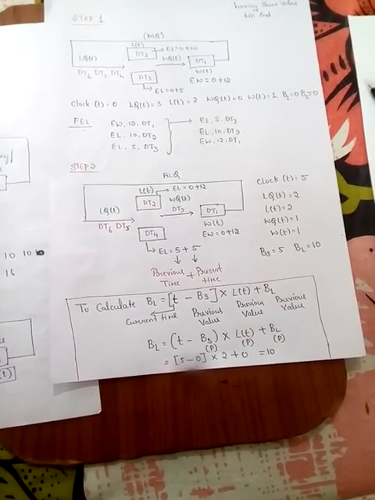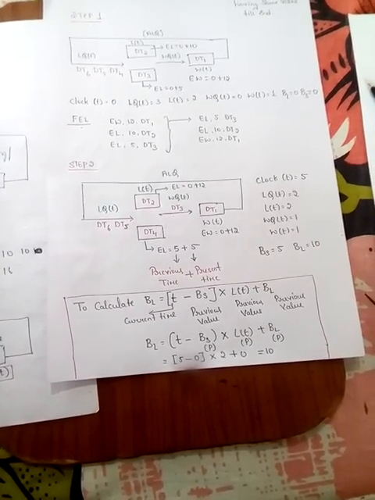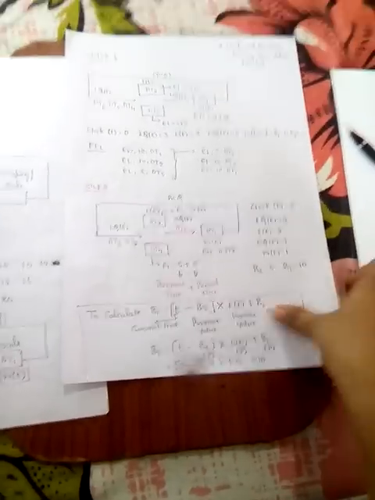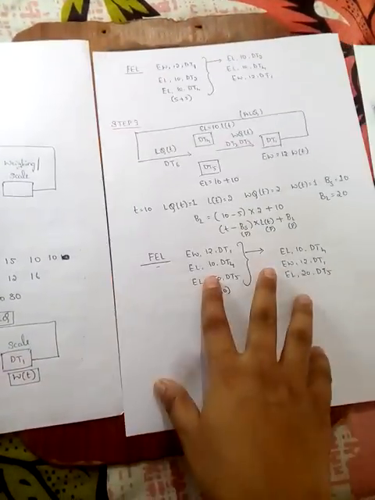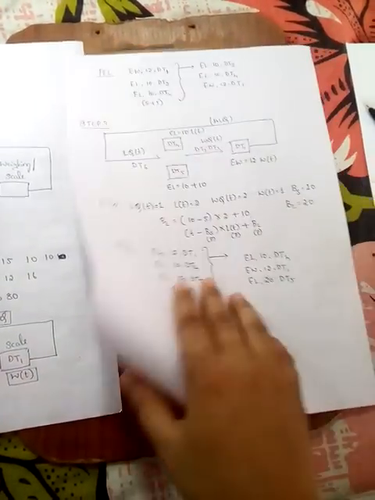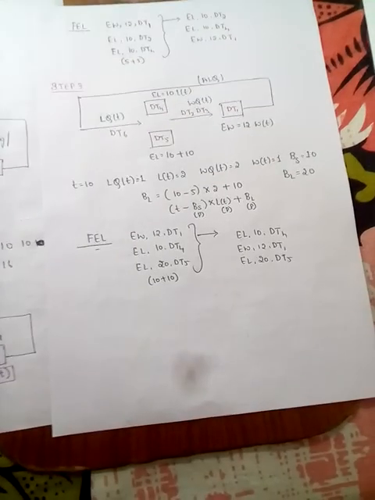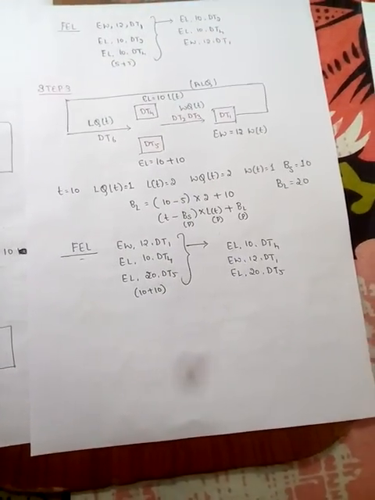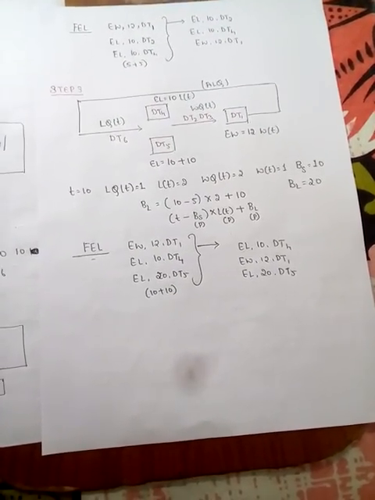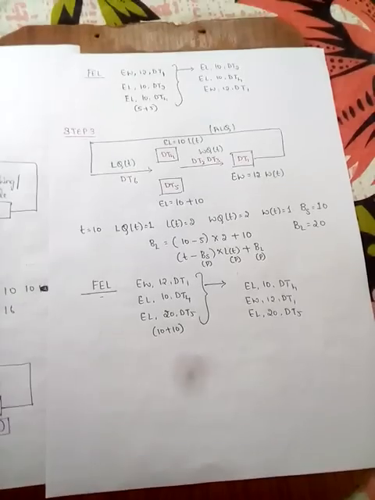Next we will move on to process 3. Before moving to process 3, we have to write the future event list of step 2.